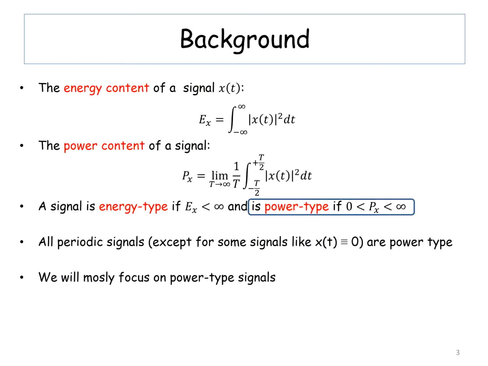Here, it is important to notice that all periodic signals, except for some signals like x(t) equals 0, are power type signals. Actually, in our analysis, we will mostly focus on power type signals.